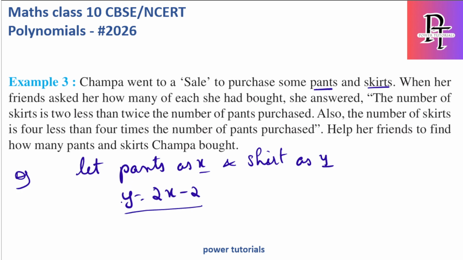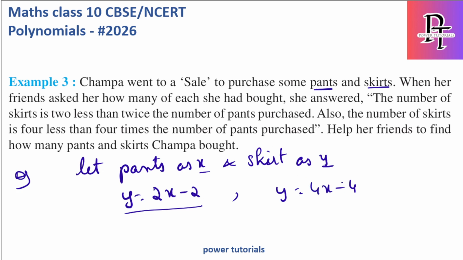Why? Because the number of skirts is 2 less than twice the number of pants. Okay, let's see the second condition. The number of skirts is 4 less than 4 times the number of pants. The number of skirts, that is y, is equal to 4 less than 4 times the number of pants.